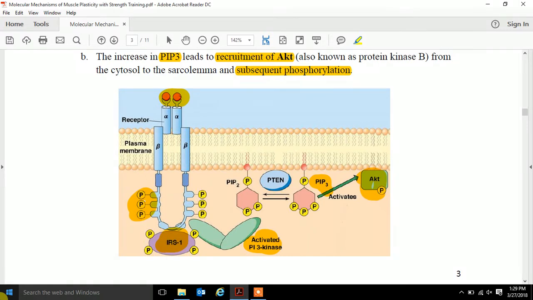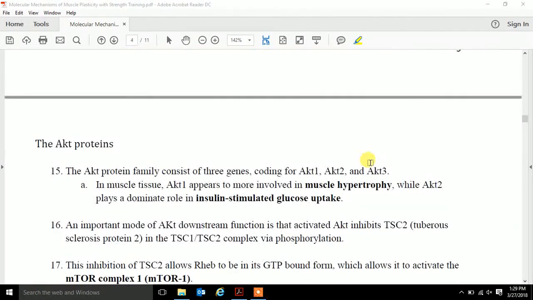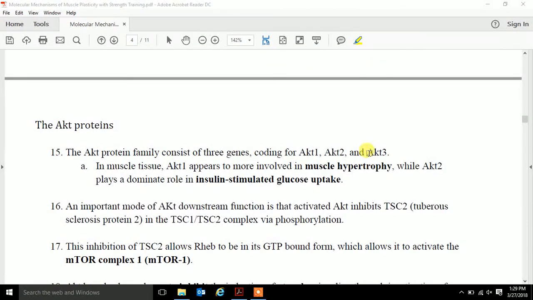Okay, so what does AKT do? And this is where hopefully you're thinking, well, I've already learned that if insulin itself binds to an insulin receptor, it upregulates GLUT4 translocation through AKT. So is this the same AKT? Is it going to do that same thing? There are variations in the AKT molecule within skeletal muscle.